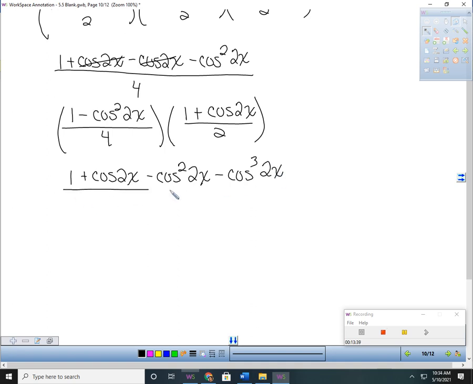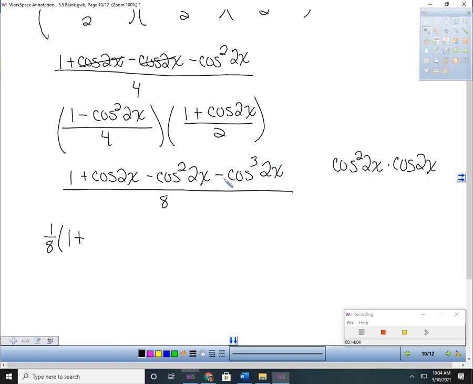All over 4 times 2 is 8. Now I don't want the 8 on the bottom of all this, so I will take it out and multiply by 1/8 instead. Now I'm going to need to power reduce here, and I'm going to need to power reduce here. The problem is I can't power reduce a cube, so we actually need to view this as cosine squared 2x times cosine 2x.